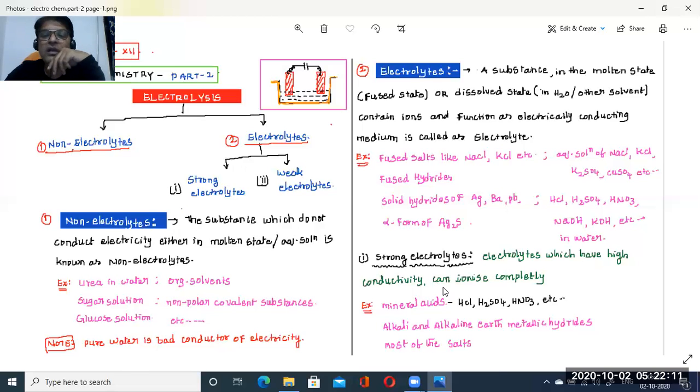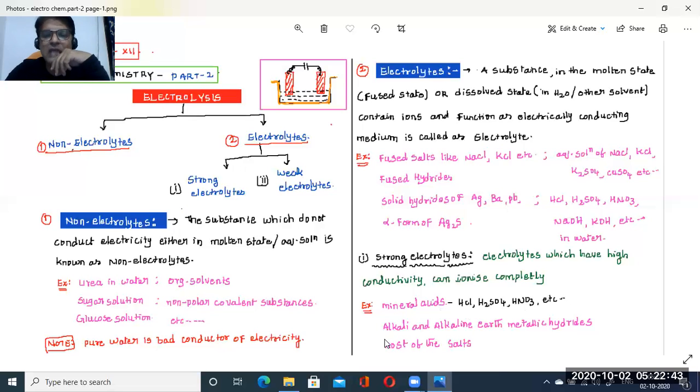So that's why it can easily ionize completely. Whatever compound is taken in the electrolytic cell, the total compound should be ionized completely. Why is it ionized completely? Because obviously it has very high conductivity. So that type of electrolyte is known as strong electrolytes. Examples are strong acids like HCl, H2SO4, HNO3, like this.